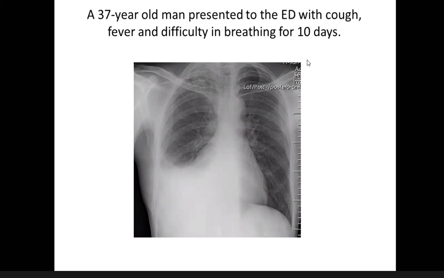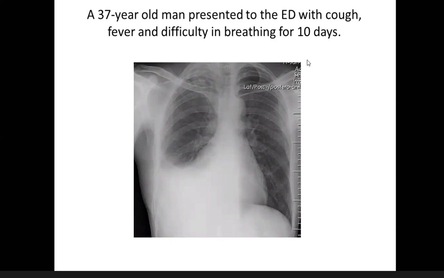Usually it is 300 milliliters on X-ray, and clinically it has to be 500 milliliters. 500 is a fairly large amount, so till then you will not clinically detect the 300 milliliters. Right, 300 milliliters on chest X-ray, and clinically it has to be 500 milliliters.